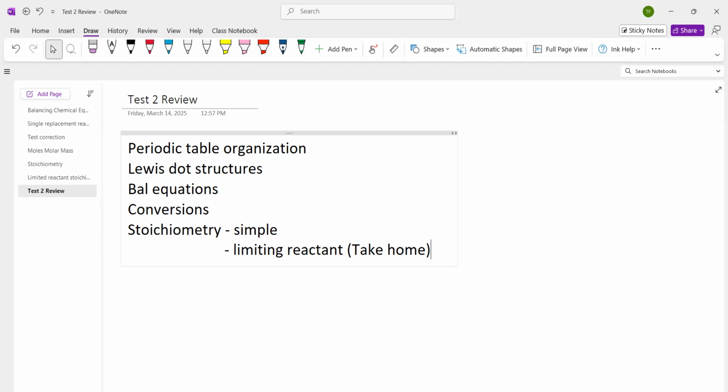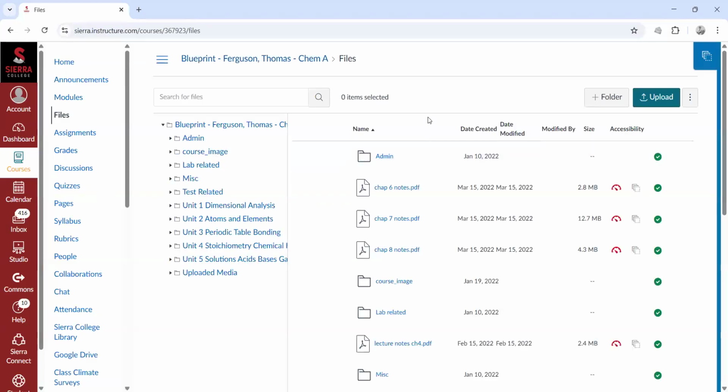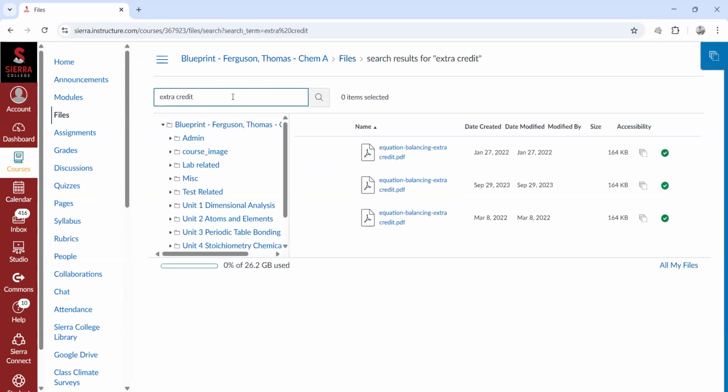There's an extra credit balancing equation I gave you. If you do a search on files for extra credit, you'll come up with it.